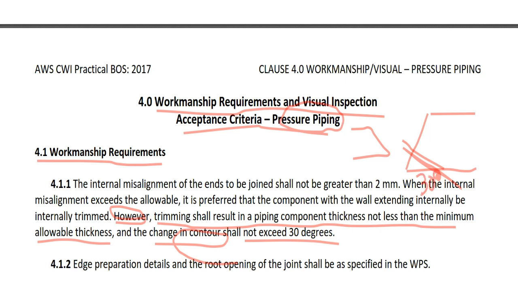If you go to ASME B31.3 or ASME Section 8 for the pressure piping and pressure vessel code, you can see how you trim the different thickness.